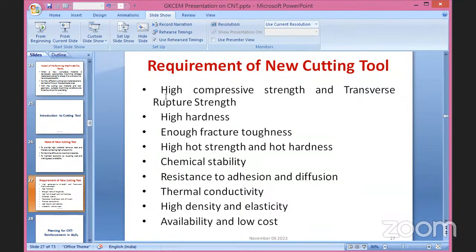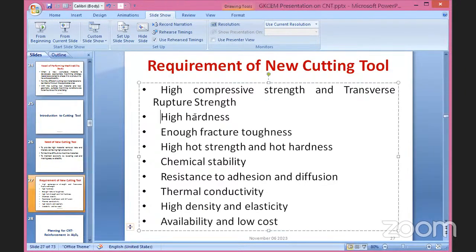And mind that most of the ceramic cutting tool materials are very, very strong in compressive strength, and to some extent in transverse rupture strength also. But you have to put in some toughening agent, otherwise it is problematic. Then it should have high hardness. Hardness must be high because the workpiece hardness must be multiplied by at least 1.5 times to get the tool hardness. That is the basic requirement, mind that.